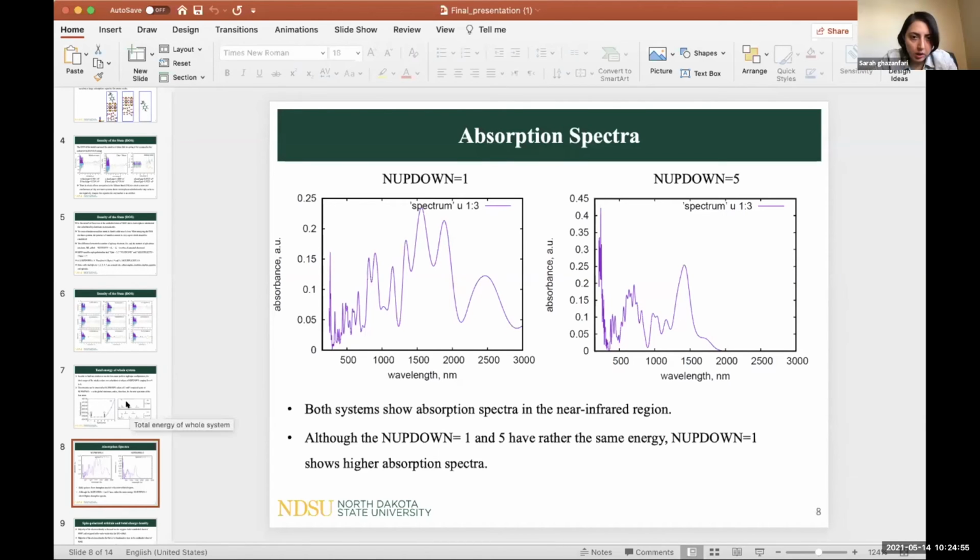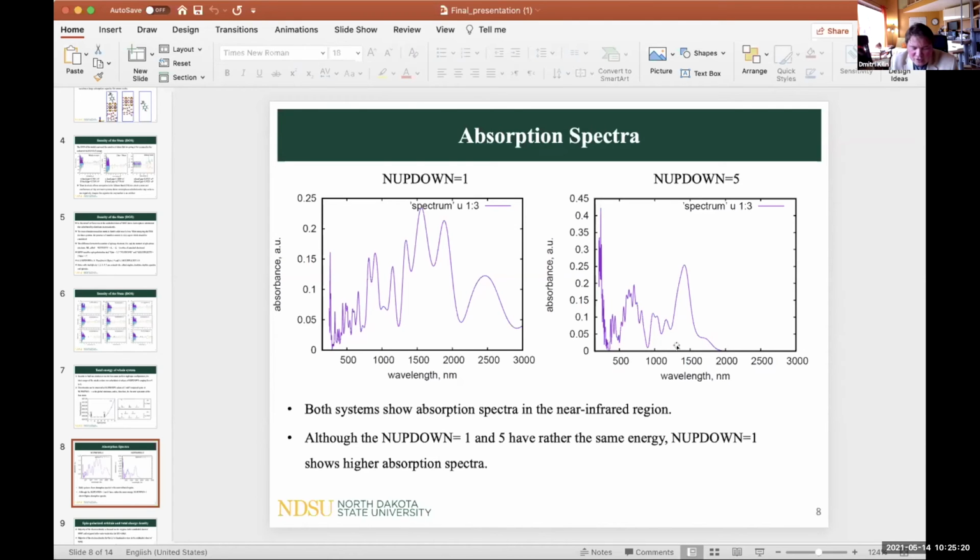For the N up down equal to 1, I think this should be the range for the absorption. And for the N up down equal to 5, this picture represents those values. Am I right? Yes.